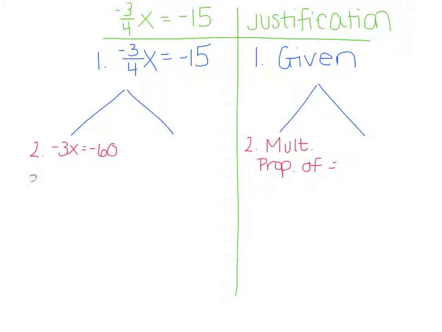My next step would then be to divide both sides by negative 3, and I get x equals 20. And what's the reason for that?